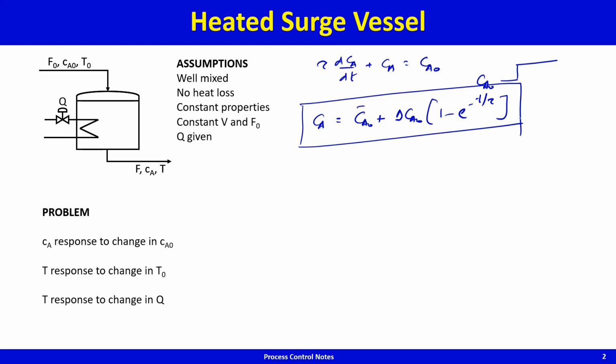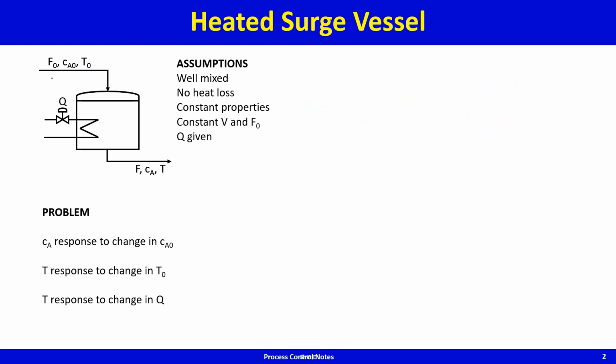If we look at the energy balance in order to get the variation in T with T naught, what we will have is the rate of accumulation, rho V Cp, where Cp is mass heat capacity, and we are assuming these are constant. Properties don't vary with temperature, and that's a reasonable assumption. This is the accumulation of energy.